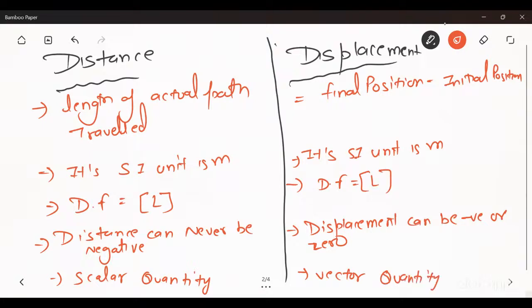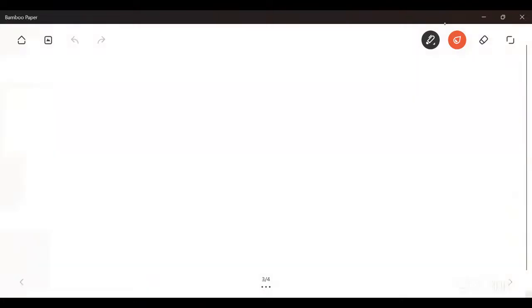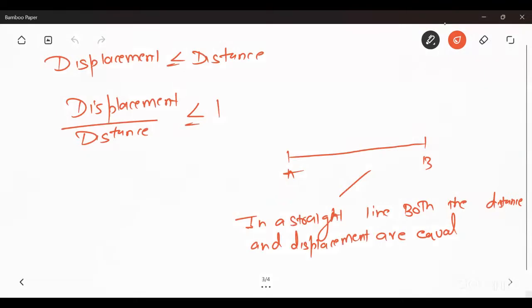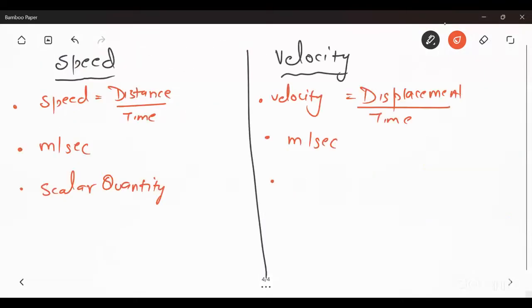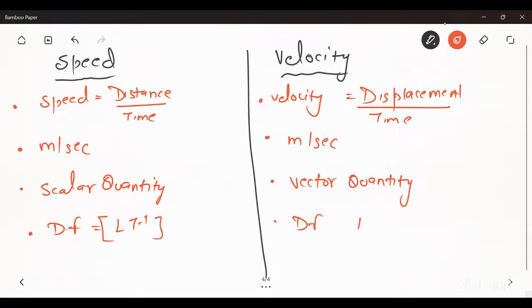So displacement is a vector quantity, but distance is a scalar quantity. Velocity is also a vector quantity. The dimensional formula of speed is LT minus 1, and velocity has the same dimensional formula, LT minus 1.